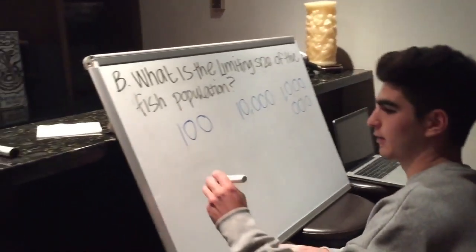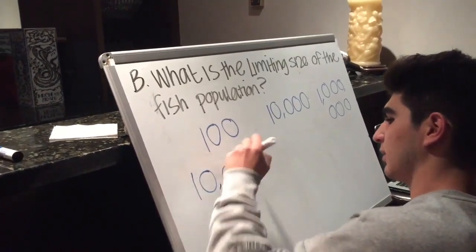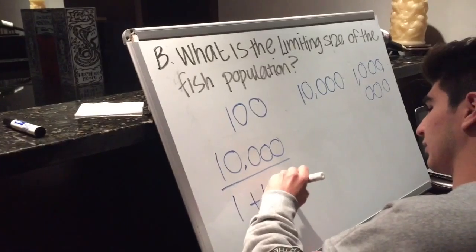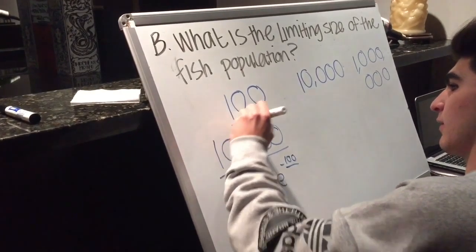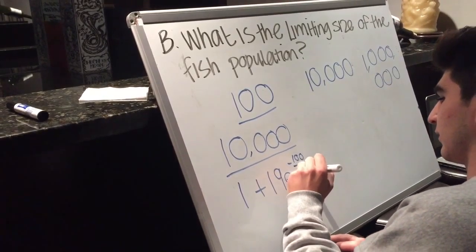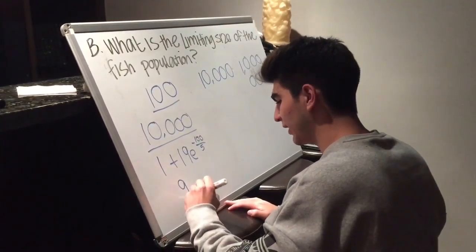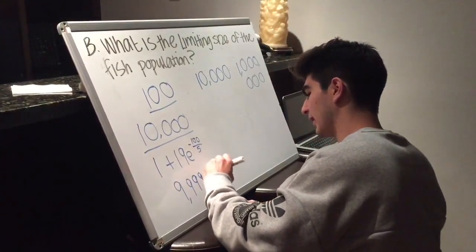So if we have our equation, 10,000 divided by 1 plus 90 times e to the negative 100, that's the value that we chose, divided by 5. In the first example, the answer that we get is 9,999.99.